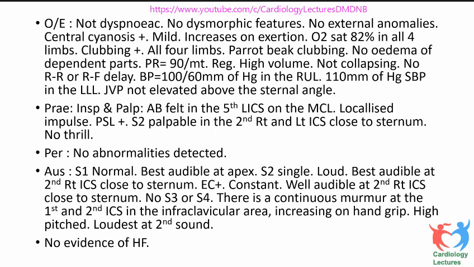What else? Dull note, dilated pulmonary artery in case of PH. A dilated pulmonary artery or aortic aneurysm in an adult can be suspected if you get a dull note in the second right or left intercostal space. If it is on the right intercostal space, it may indicate a dilated aorta, and if it is in the left second intercostal space, it may indicate a dilated pulmonary artery.